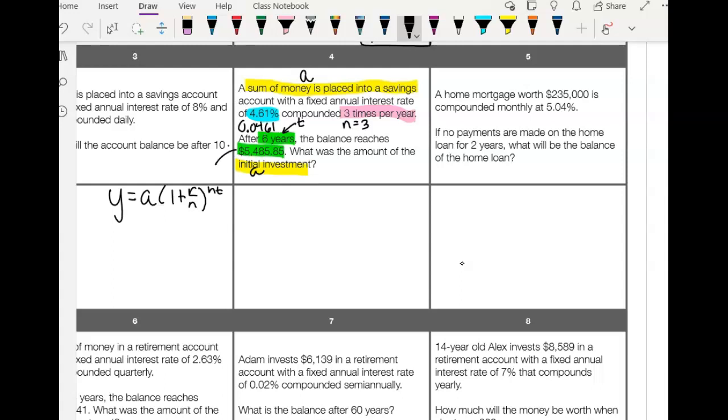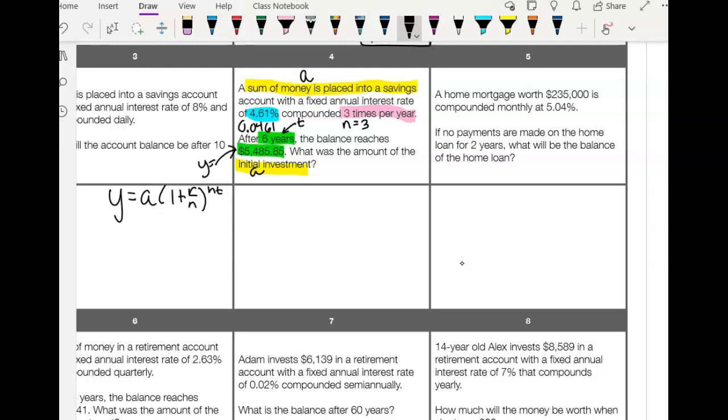Remember, this T and this Y go together, because after this many years, I do all this calculation and get an output. So I know that after 6 years, this is what gets produced.